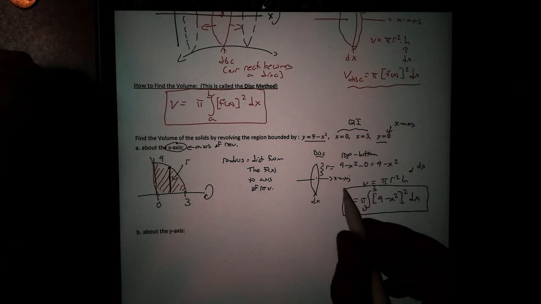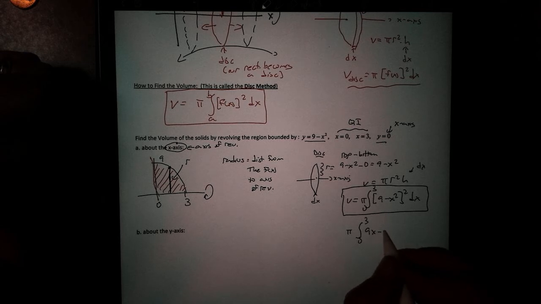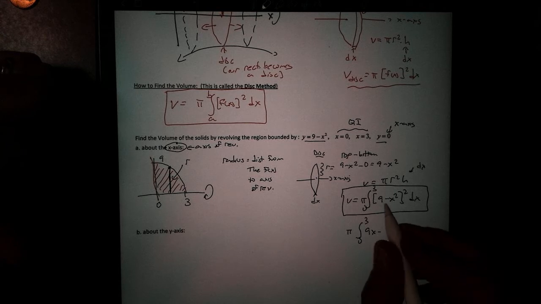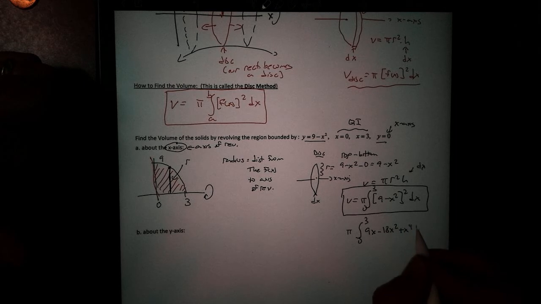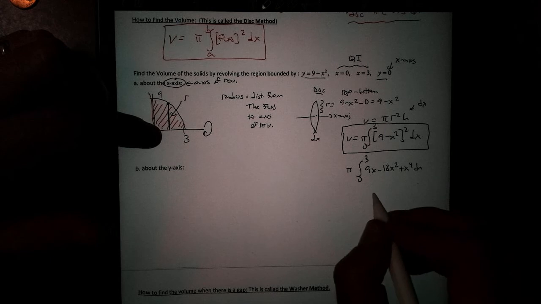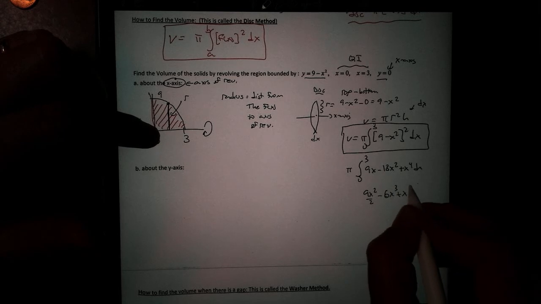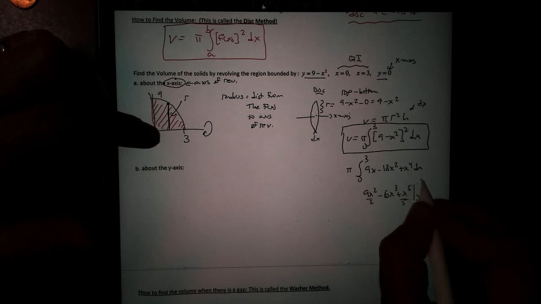So let's go ahead and solve this one out by hand. We would get pi, and we can't integrate just yet. From 0 to 3, expand: 81 minus 18x squared plus x to the 4th dx. No calculator on this one. I can evaluate this: that's going to give me 81x minus 6x cubed plus x to the 5th over 5 from 0 to 3.